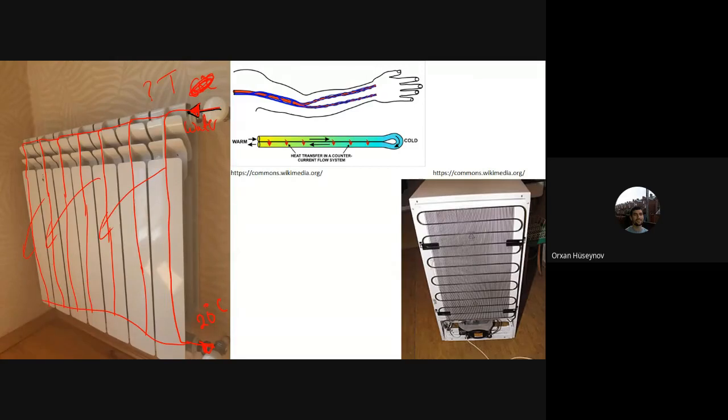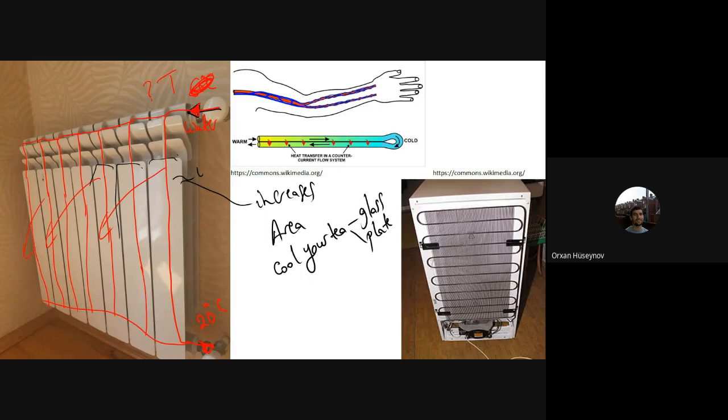And you can see some more stuff here. You can see there is a plate here, one more plate here, and one more plate here. This plate increases the area. As it increases the area, it is good for transferring heat. It is very similar to when you cool your tea in a glass or a plate.